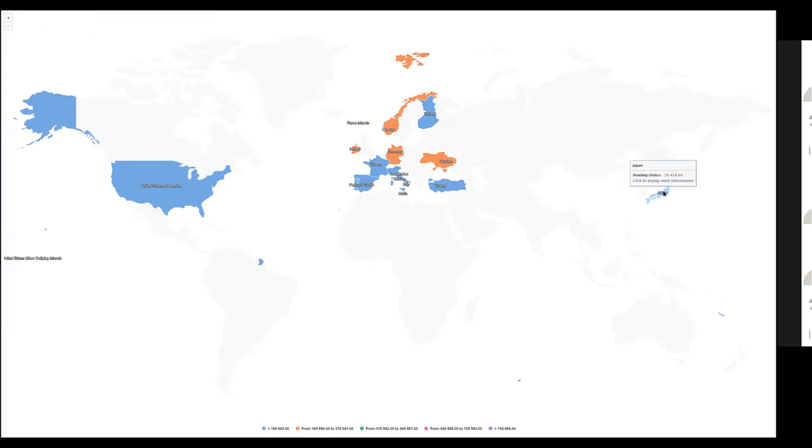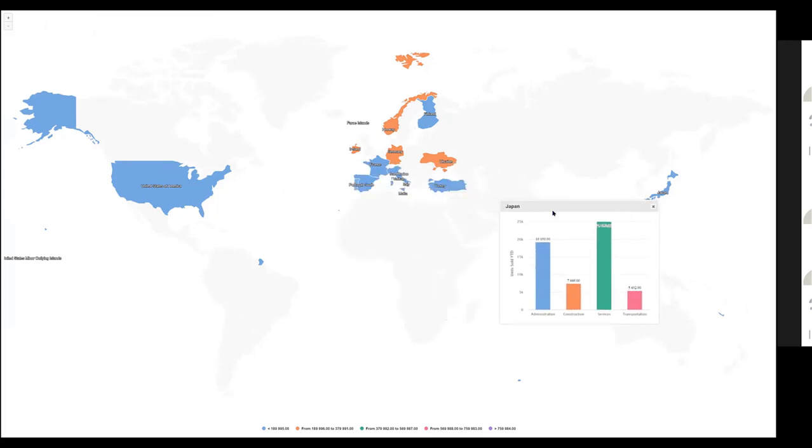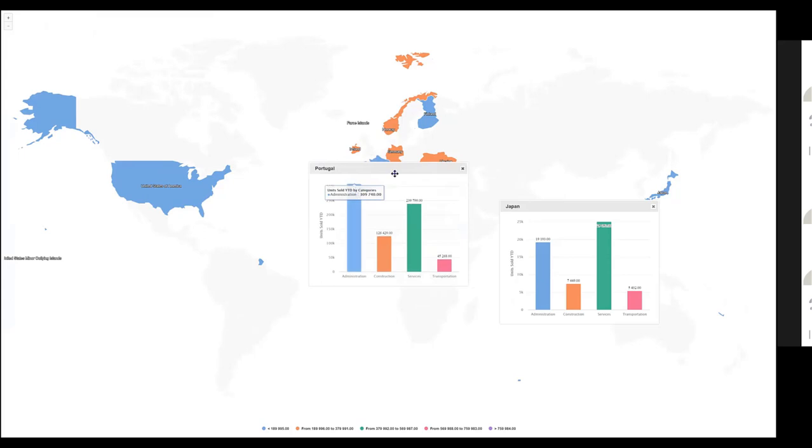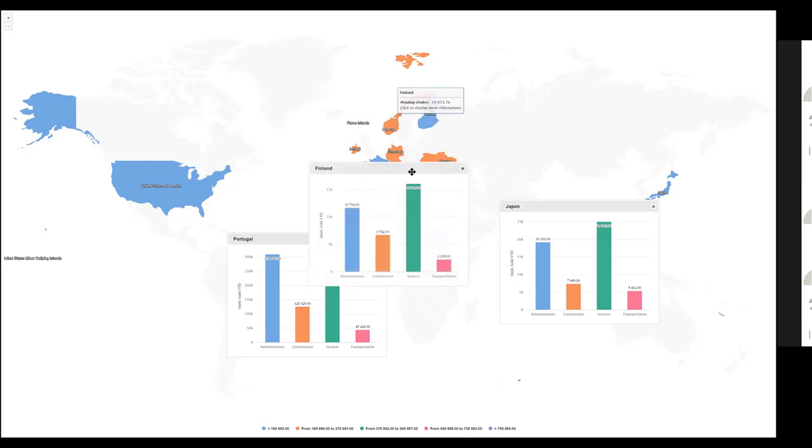And then I can show Japan. And not only that, but I could show more than one at a time if I wanted to compare. So here's Portugal, and I can compare that to Japan and continue my analysis if I wanted to, continuing showing them on here.